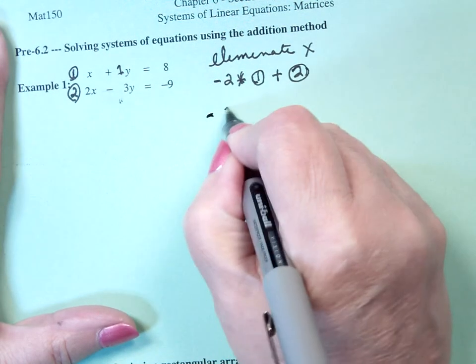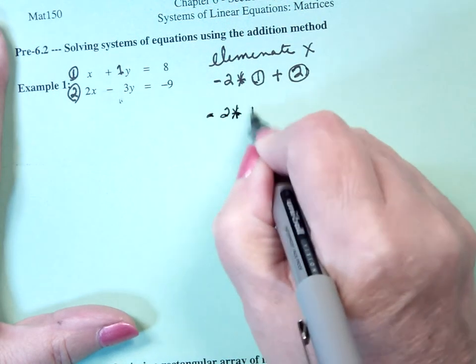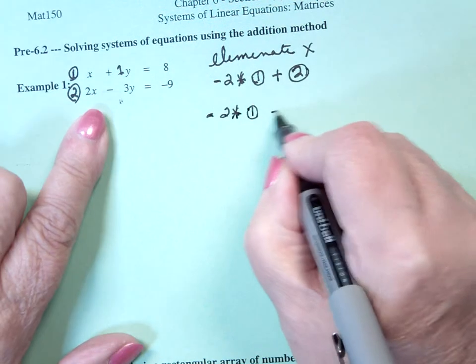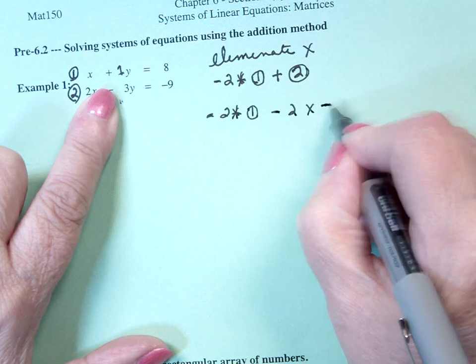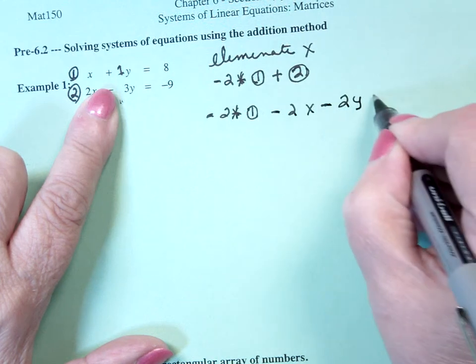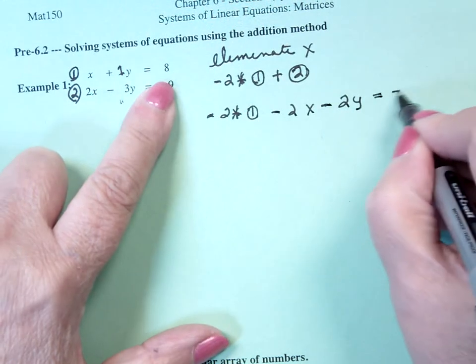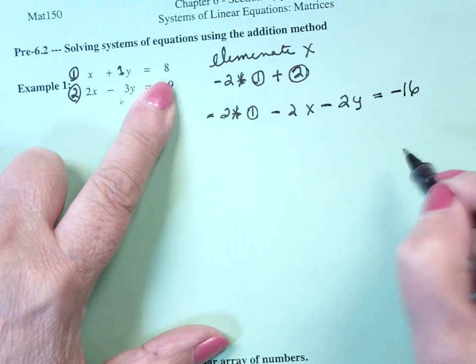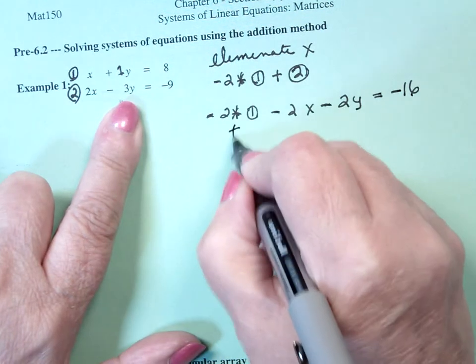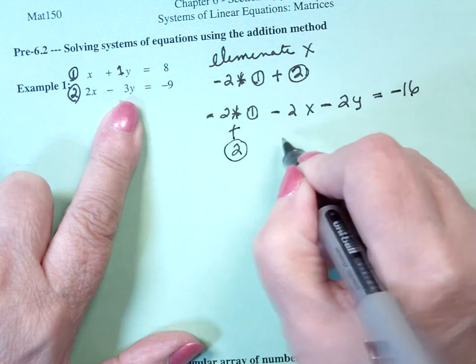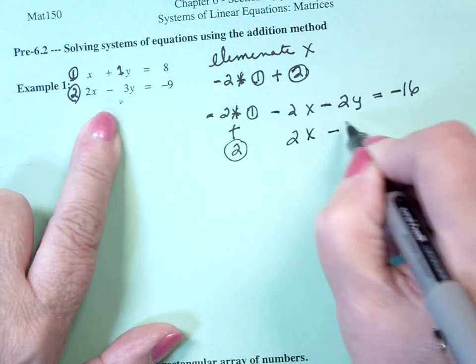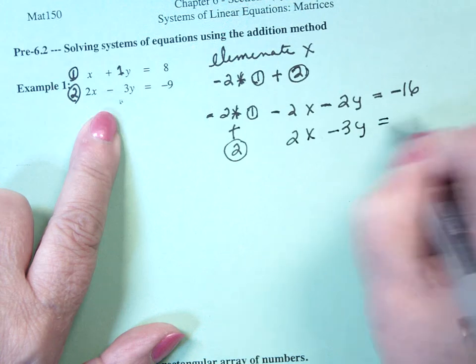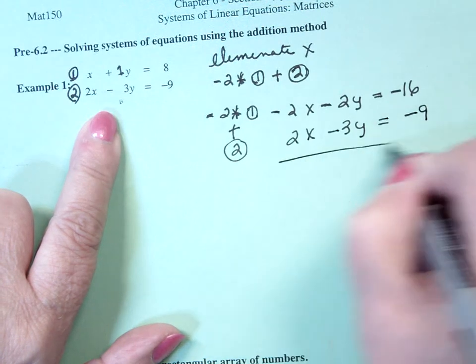So negative 2 multiplied times the first equation is going to give me negative 2x minus 2y equals minus 2 times 8, which is minus 16. And I'm going to add it to the second equation, which is positive 2x minus 3y equals minus 9.